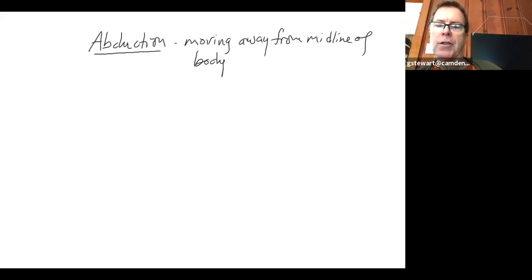So if we had a person standing straight facing us, and their arms are down at their sides, and they extend their arms upward and outward, that would be abduction. They're moving their arms away from the midline of the body.